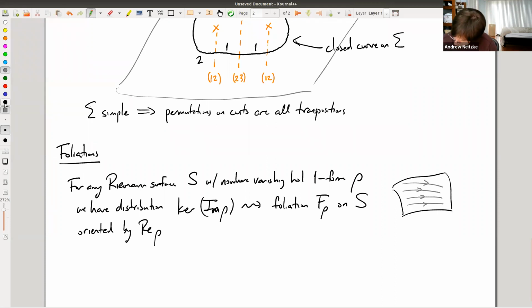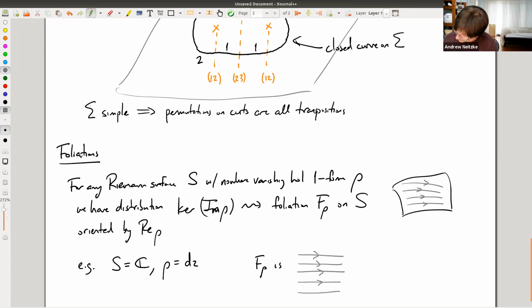So for example, essentially the local example: if S is the complex plane, and rho is the one form dz, then F rho is just the foliation by horizontal lines oriented to the right.